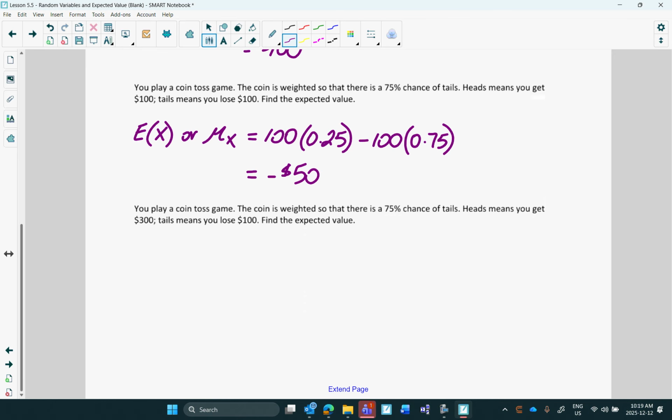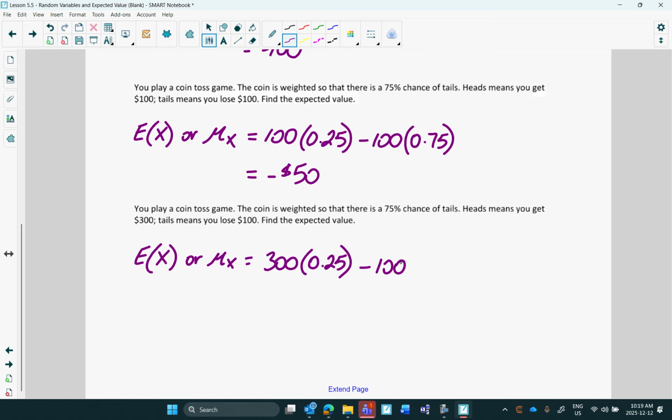This one maybe not so clear just to look at. So it's weighted again, but now we're back to heads, you get 300. Hard to tell if this is a good game to play or not. Initially you get 300, but there's only a 0.25 chance of that occurring.